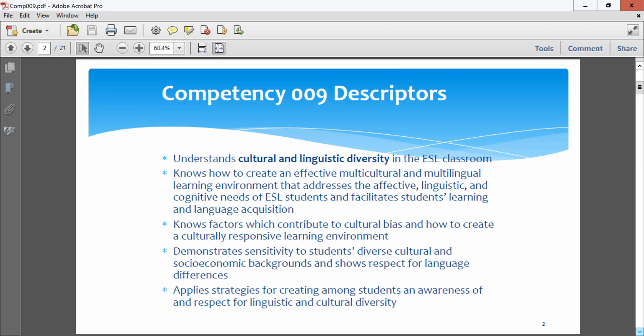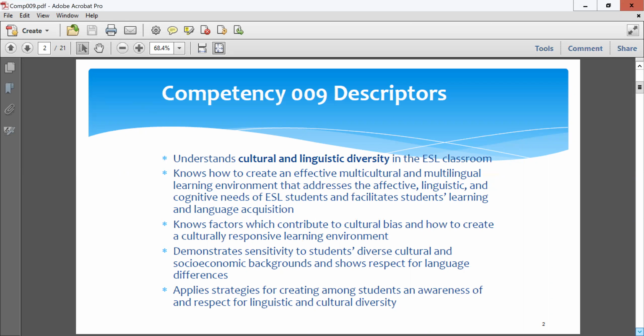And here, the important part is addressing the effective, linguistic, and cognitive needs of ESL students. That is language that is in our law and maybe for sure on the test, I would think. And effective, we're going to talk about what that means in other domains, but effective is how comfortable they feel, stress-free, welcoming, that kind of thing.